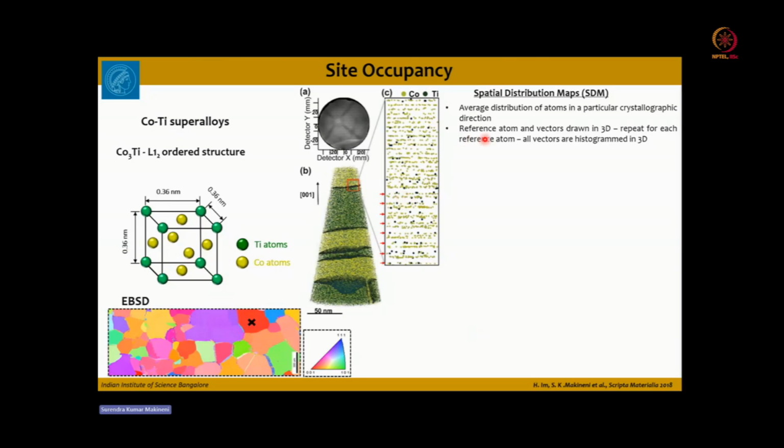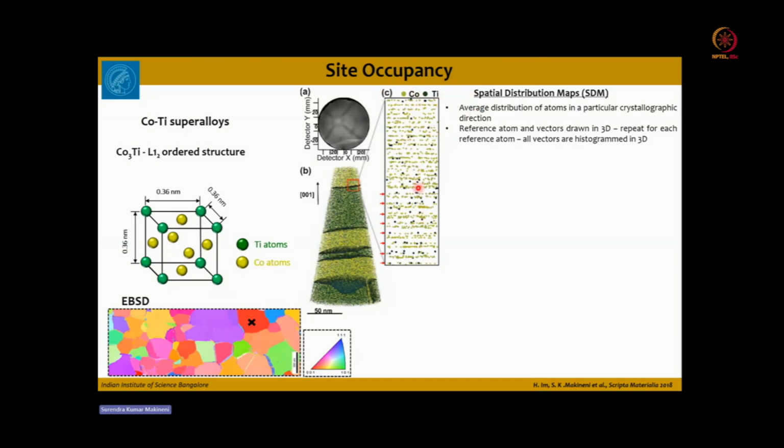So just to revise, it is nothing but the average distribution of atoms in a particular crystallographic direction. The reference atom and the vectors are drawn in 3D, and repeated for each reference atom. All vectors are histogrammed in 3 dimensions. So you will get spatial distribution maps along a particular direction or in 2 dimensions in the xy dimension.